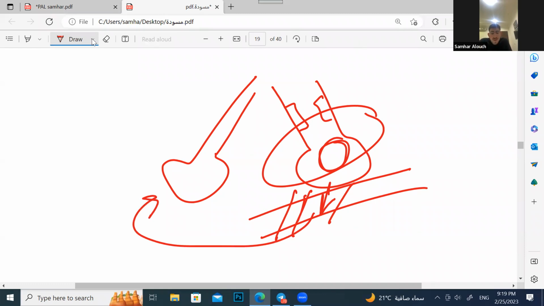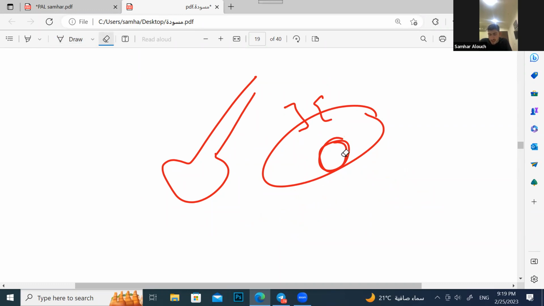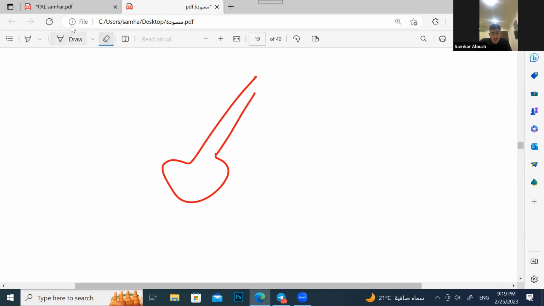But what if I have something called generalized hypoxia? This is bad. Generalized hypoxia means that all alveoli in your lung have hypoxia. Until now, we talked about hypoxia in one alveolus, but now I'm talking about hypoxia in all the alveoli in the lung.